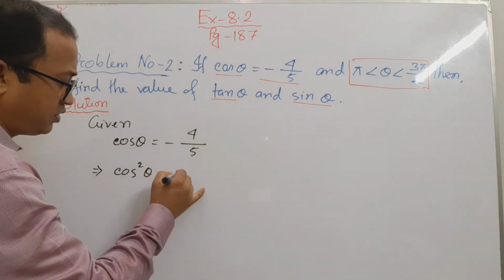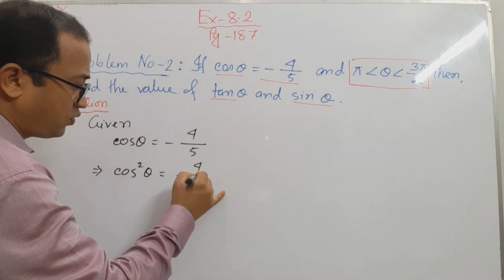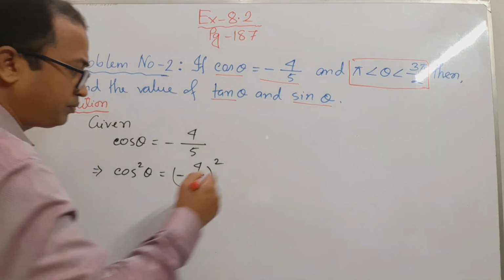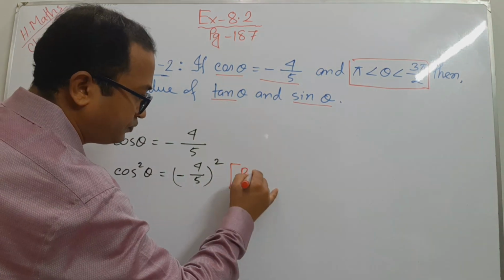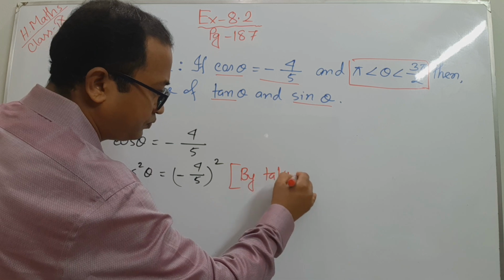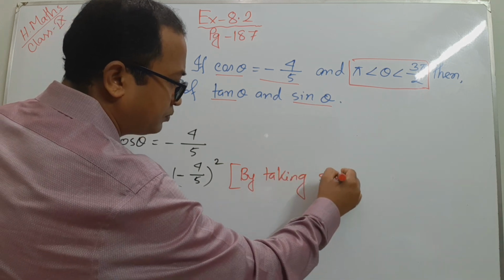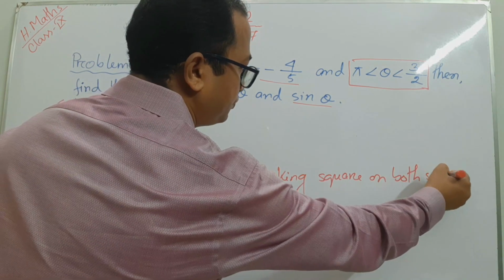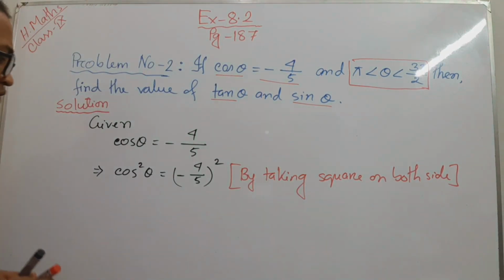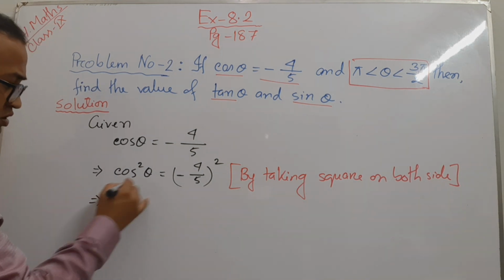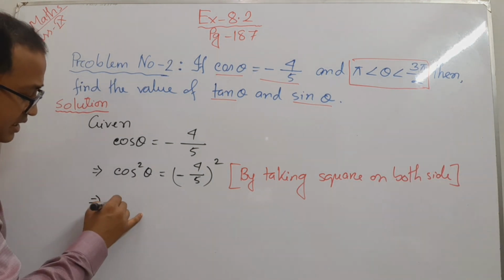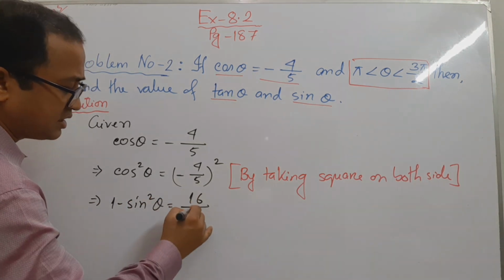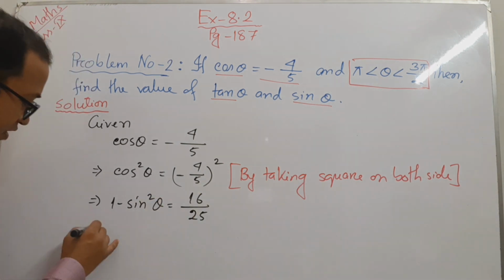Cos square theta will be minus 4 by 5 whole square by taking the square on both sides, and this is 16 by 25.